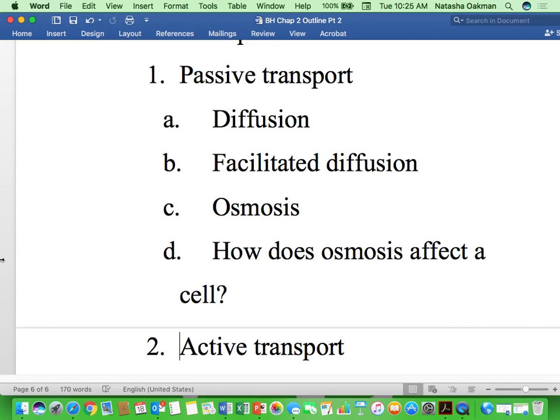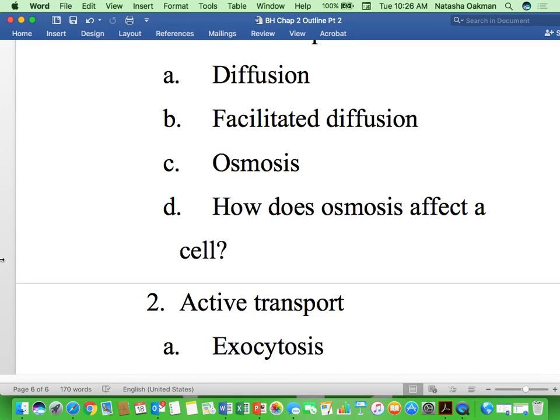So there are a few forms of this. I'm only going to mention two of them because they're really the ones that we touch on the most in this class. Exocytosis. Exocytosis is when the cell releases substances from vesicles.